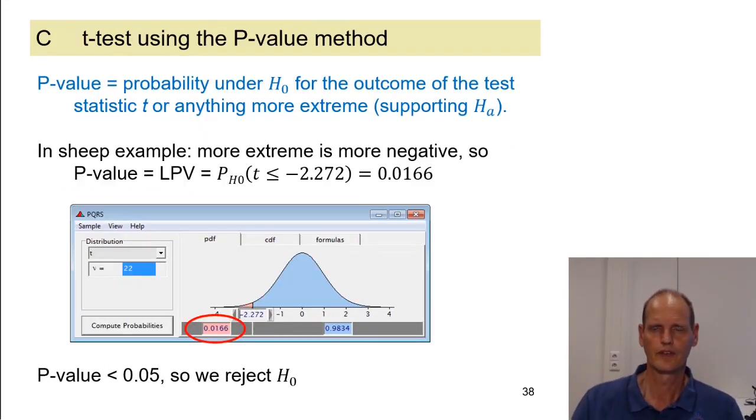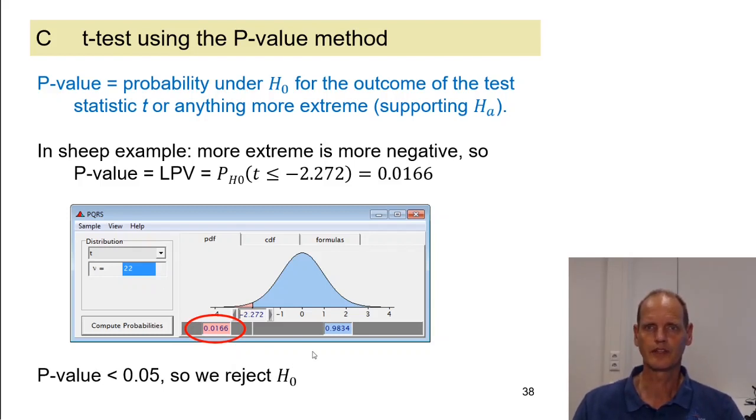Now the first variant, that is the t-test using the p-value method. What is the p-value in a test? The p-value is the probability under the null hypothesis, so we assume the distribution that we have used under the null hypothesis, in this case the t22 distribution.